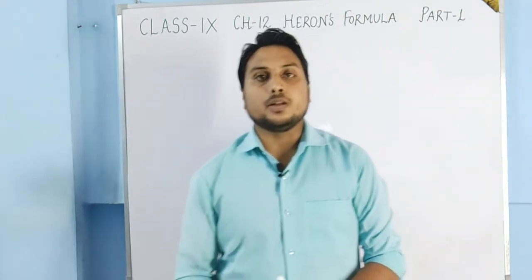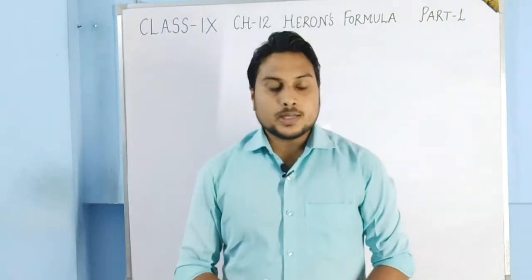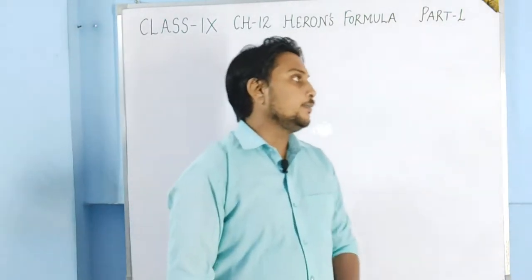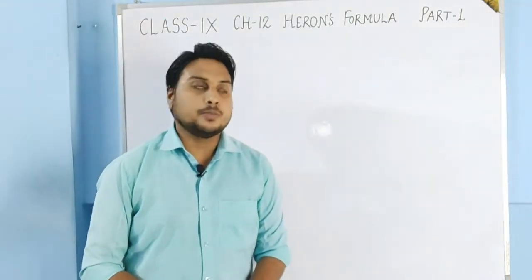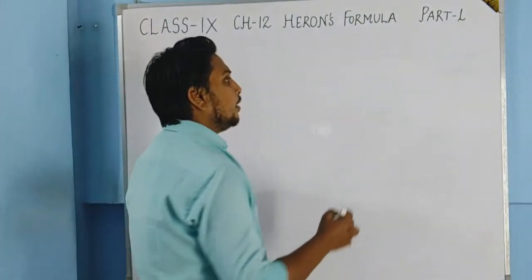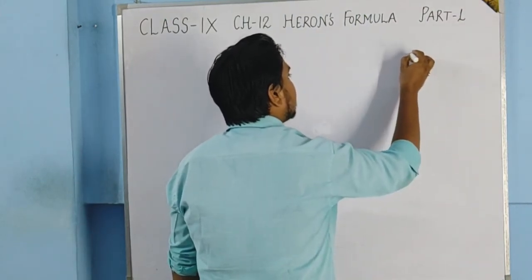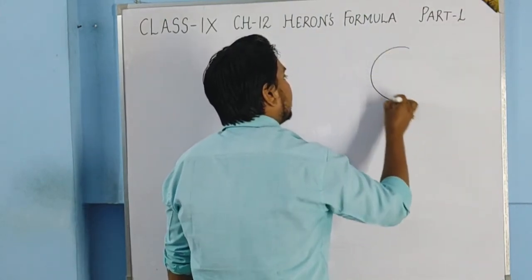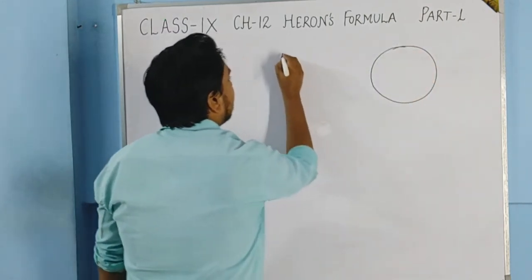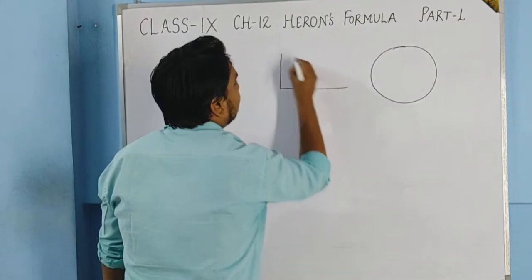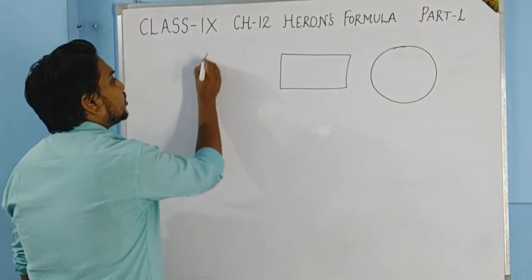So students, what is Heron's formula? Let us see. Firstly, we should know what the area of any shape is. Whatever planar shapes you have studied, planar shape means the figure which is made in a plane, like this circle, like this rectangle, like this triangle.